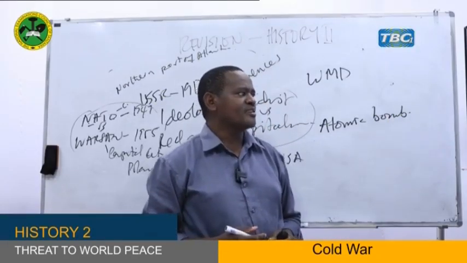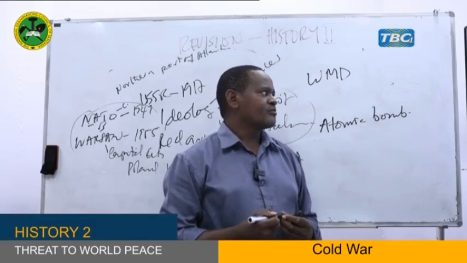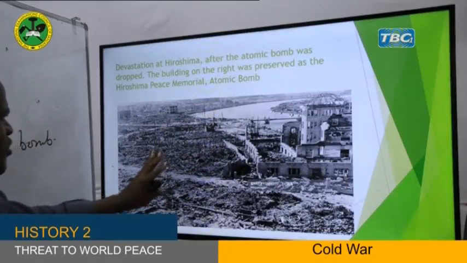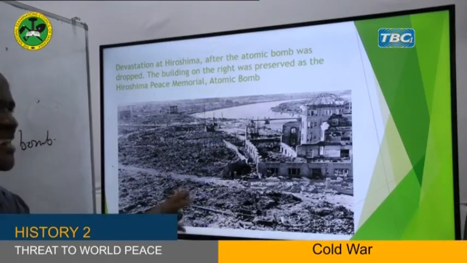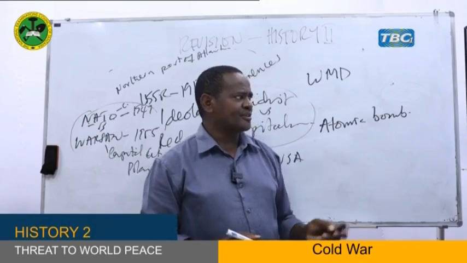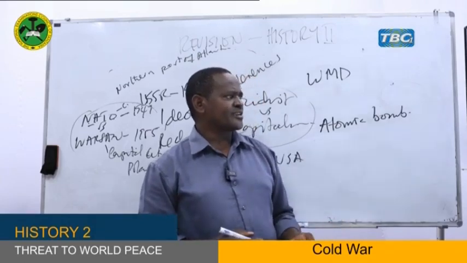The destruction would be very, very much higher. So this inspired the Soviets to do whatever it takes to develop the atomic bomb, at least to equal what the Americans had done. That's the way you can see it.